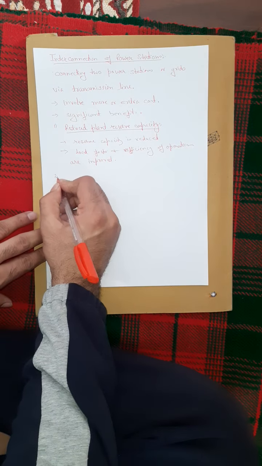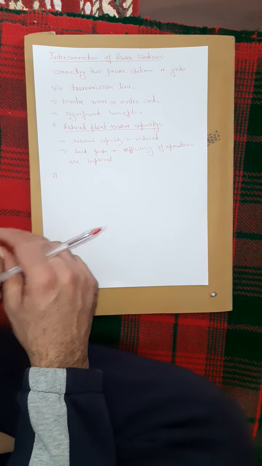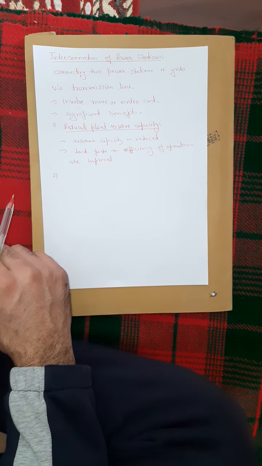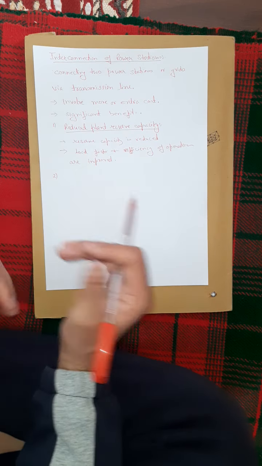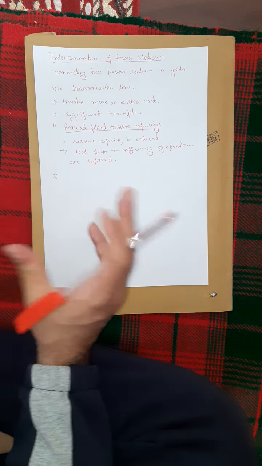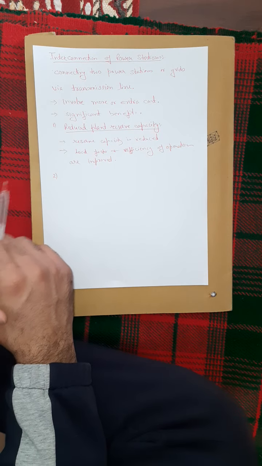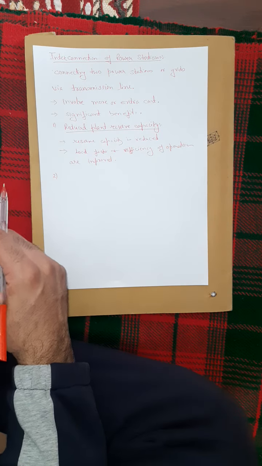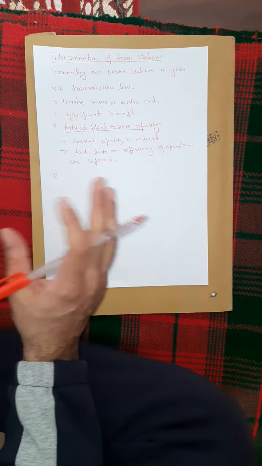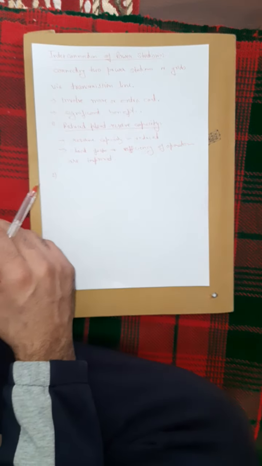Number two: suppose we have one power station and there is some fault in that power station. The load connected to that power station will be affected and will not receive power. What happens if two power stations are interconnected?